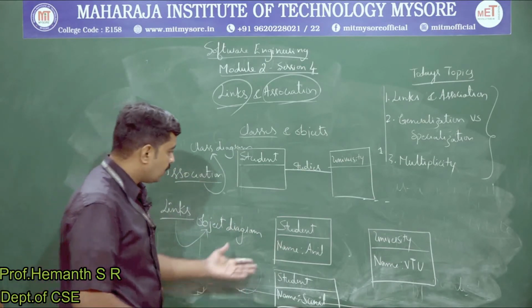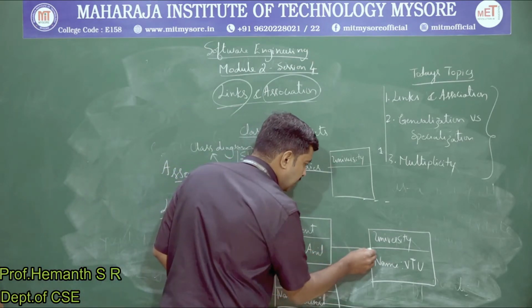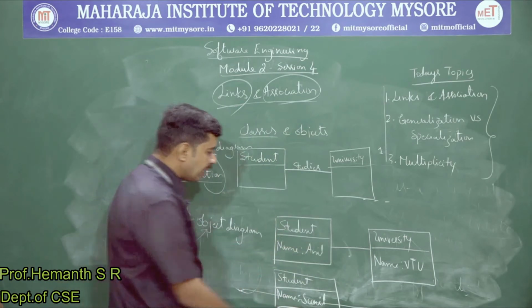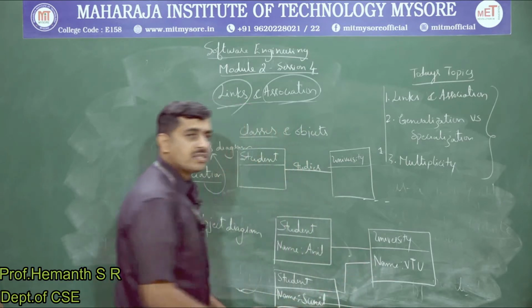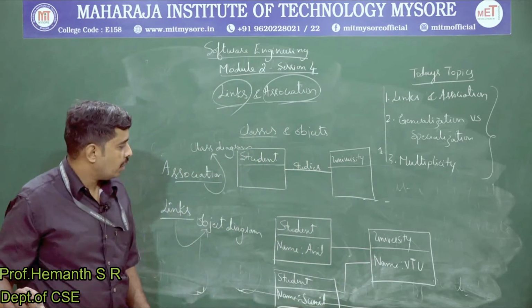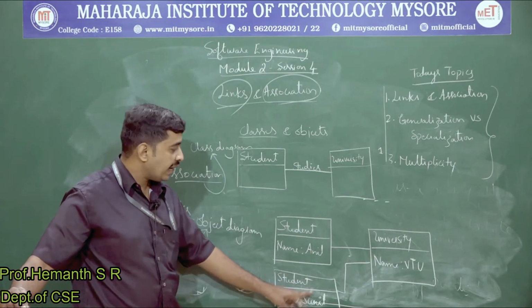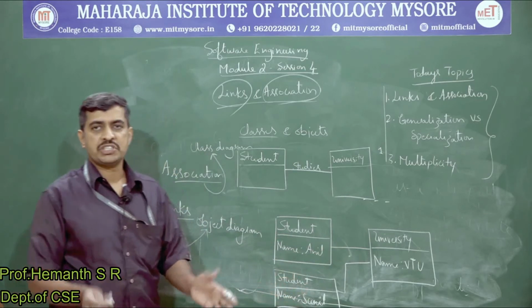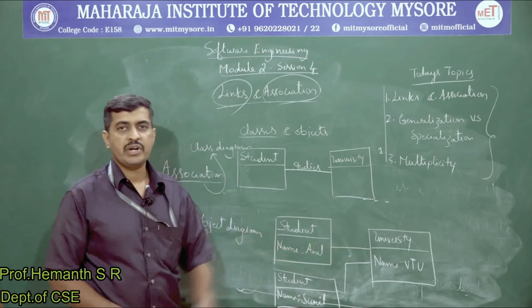So how can it be done? I will draw a line between the Anil object and the VTU object, and a line between the Sunil object and VTU. What does it indicate? It means that the Anil object and Sunil object are related to the VTU object, or, to put it in a more general way, Anil and Sunil are students studying in VTU.